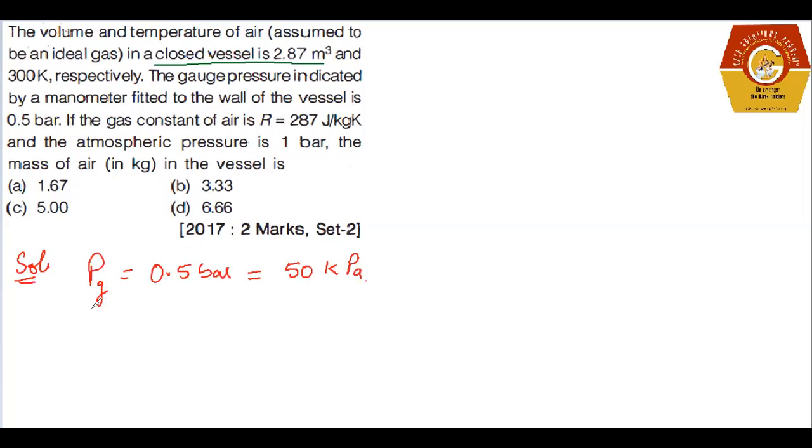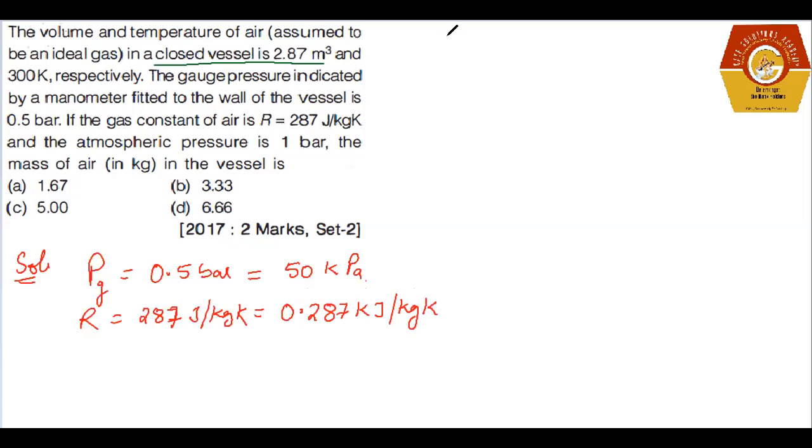Similarly, the gas constant R is defined as 287 joule per kg Kelvin. If I convert it into kilojoule, it should be written as 0.287, you just simply divide by 1000, kJ per kg Kelvin, right?